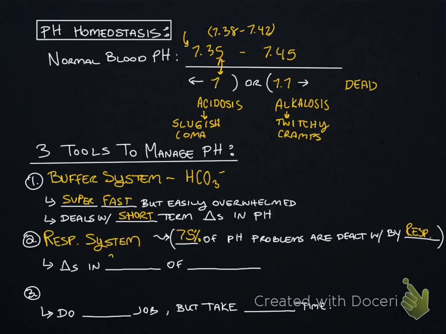It changes in a couple of breaths. When you take a big sigh or you yawn, that is basically your respiratory system accounting for ups and downs in your pH. There's somebody yawning again. It's crazy, isn't it? In a couple of breaths.